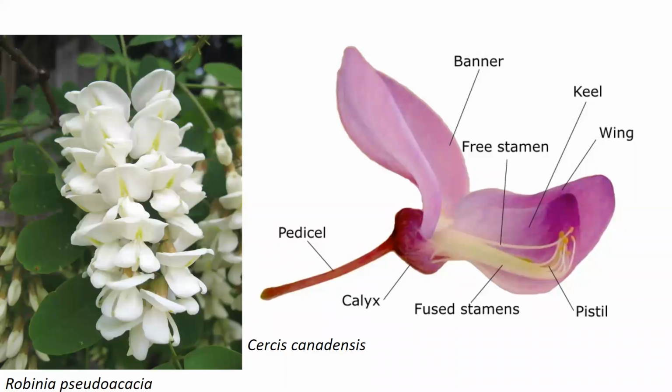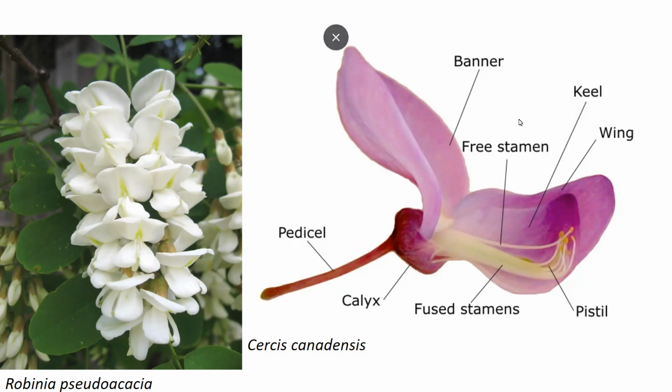And then when we're talking about symmetry, bilateral symmetry, we have a nice example on the left of Robinia suoticacea, which is a species we learned early in the semester. And you can see on the right, this is a Cercis canadensis or Fabaceae flower, right? So Fabaceae flowers share a certain look. They have a bean or a pea kind of flower.